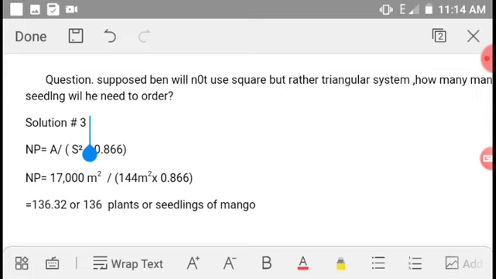Yung formula ng triangular system is NP is equal to area divided by the product of S squared times 0.866. Yung S squared natin kanina, 12 meters by 12 meters, product nun is 144 meters squared. So, 17,000 meters squared divided by the product of 144 meters squared times 0.866.